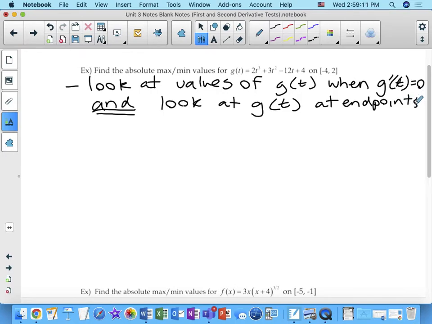And then basically we're going to see, okay, here are the values of the function. Which one's the highest, which one's the lowest? And that'll tell us the absolute max and the absolute min on that interval.